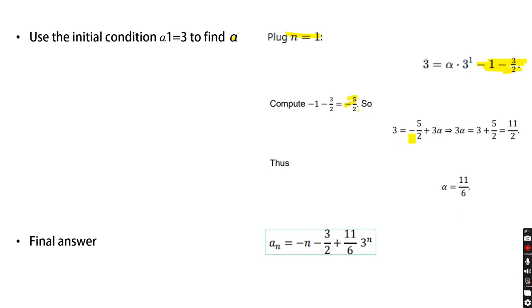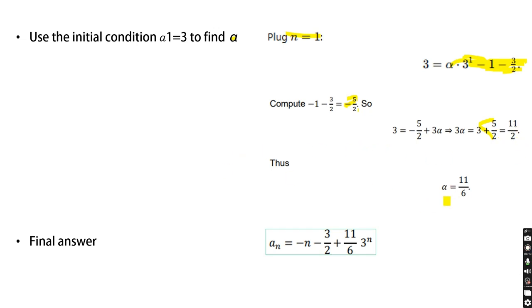So, 3 is equal to negative 5 over 2 plus 3A. So, 3A is equal to 3 plus 5 over 2. Adding, 3 times 2 is 6, plus 5, we have 11 over 2.